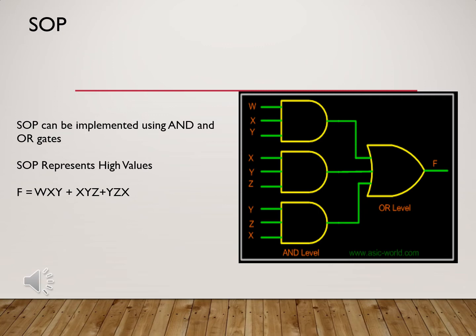The first AND gate gives an output WXY, the second gives XYZ, the third gives YZX, and all these are summed together using an OR gate. So we get the sum of products.